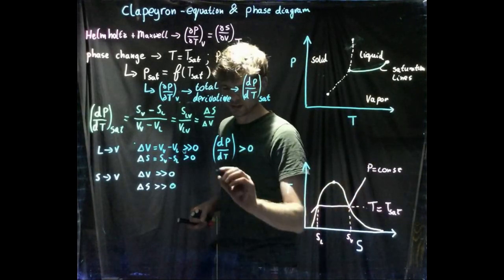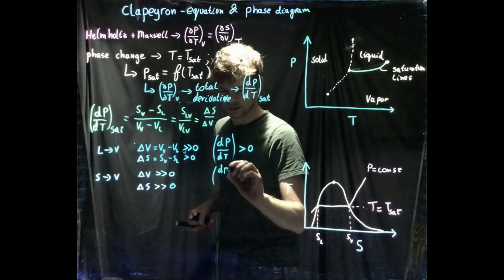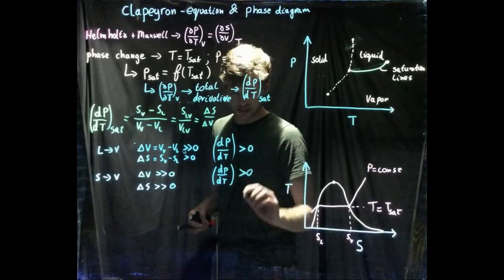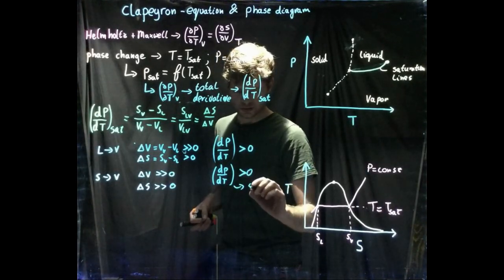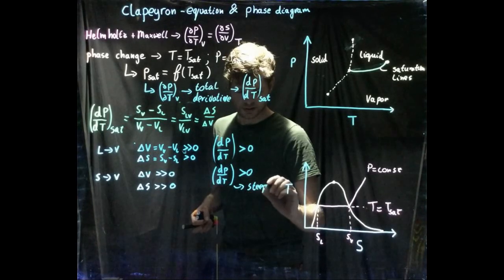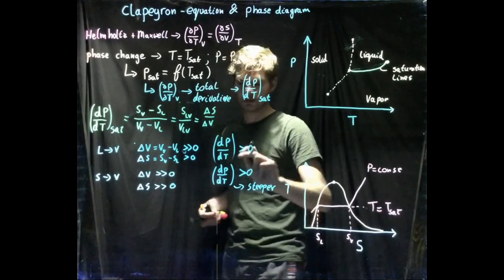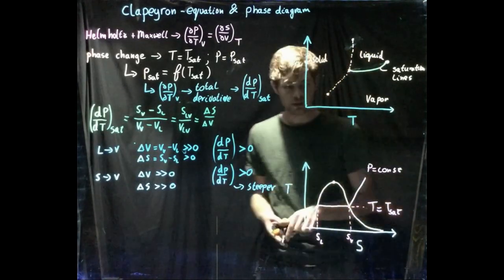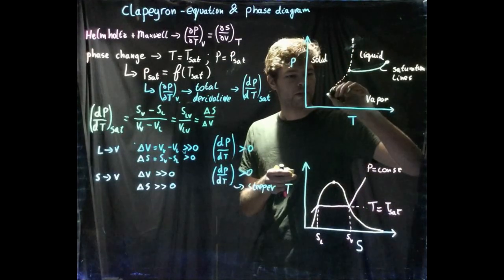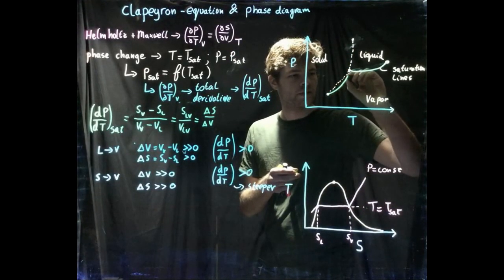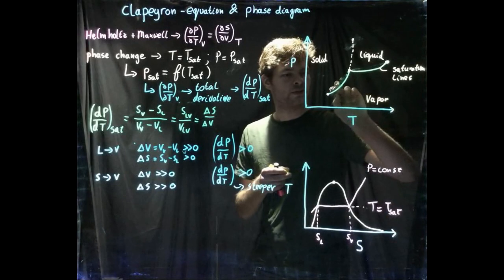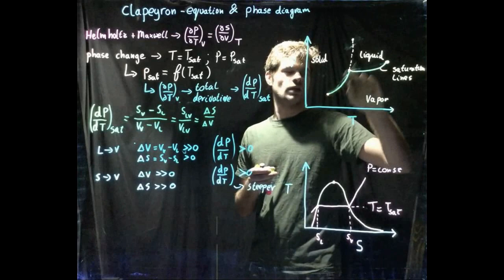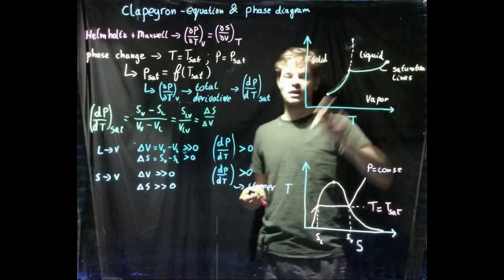So this will be really large. So dP/dT will be positive, and it will be steeper than the liquid to a vapor change. So let's draw this over here. It will be positive. So it will look like this. So we can erase this one. Now we've got our line over here, our saturation line.